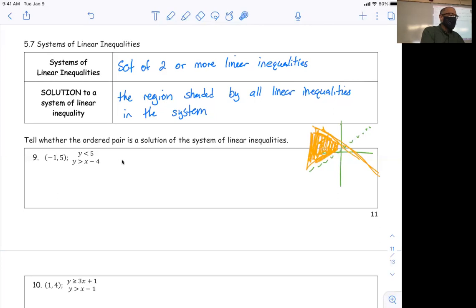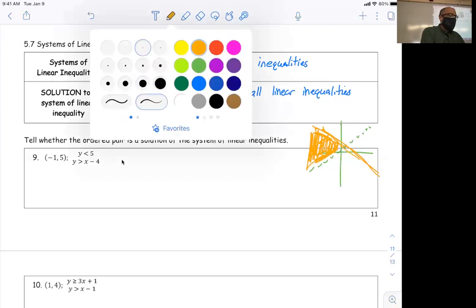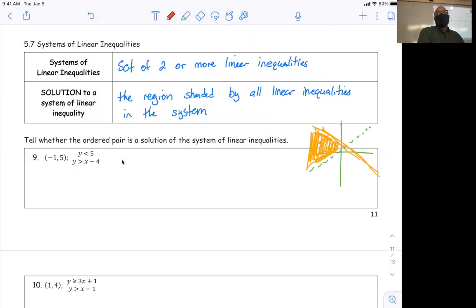I don't have a picture to look at. So how do I tell if -1, 5 is a solution to this system of equations? How do we tell that? Any takers? So we know that x is -1, we know y is 5. Let's go into that first one. We're going to drop that into my first inequality. 5 is less than 5.